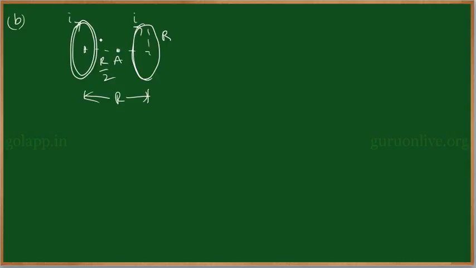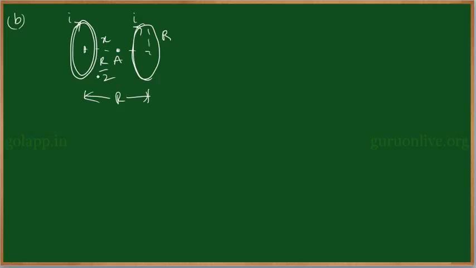We have two coils like this, and these two coils are separated by a distance r which is equal to the radius of these coils, and we need to find out the magnetic field at the midpoint of this line. The currents in those two coils are same, and radius is also same, and if A is the midpoint, then the distance from center of any coil to the midpoint is r by 2, which is called x in our previous problem.